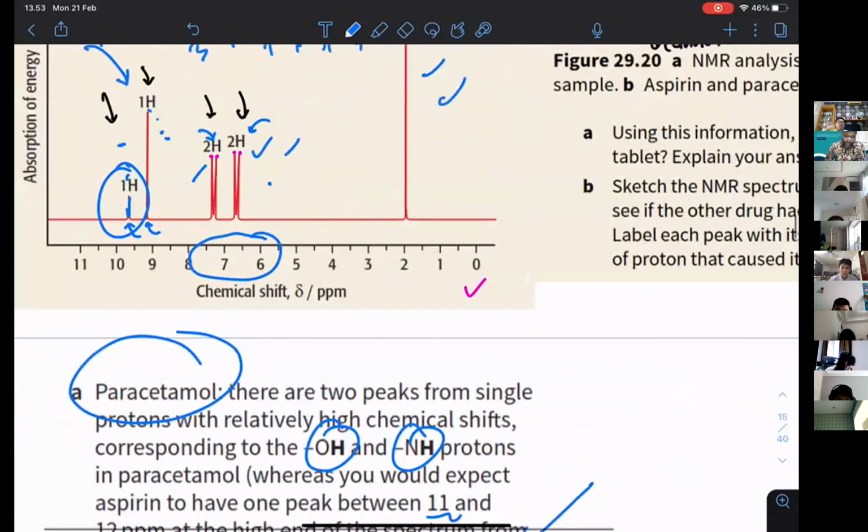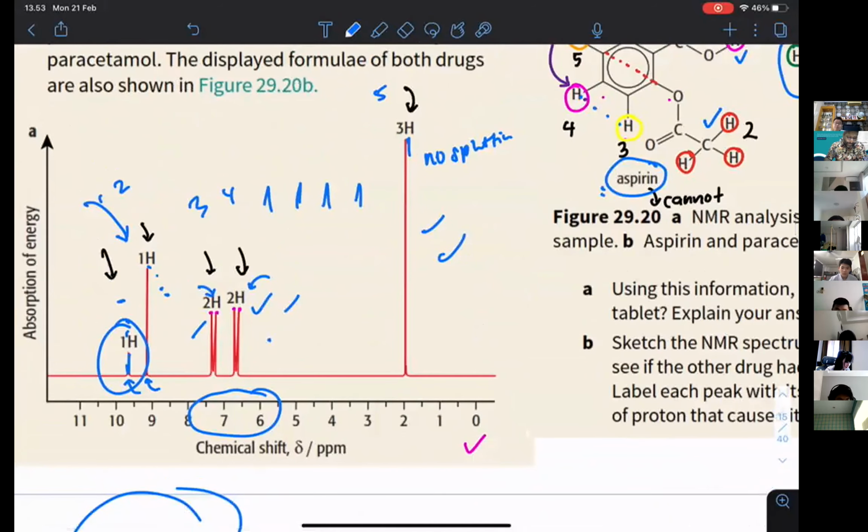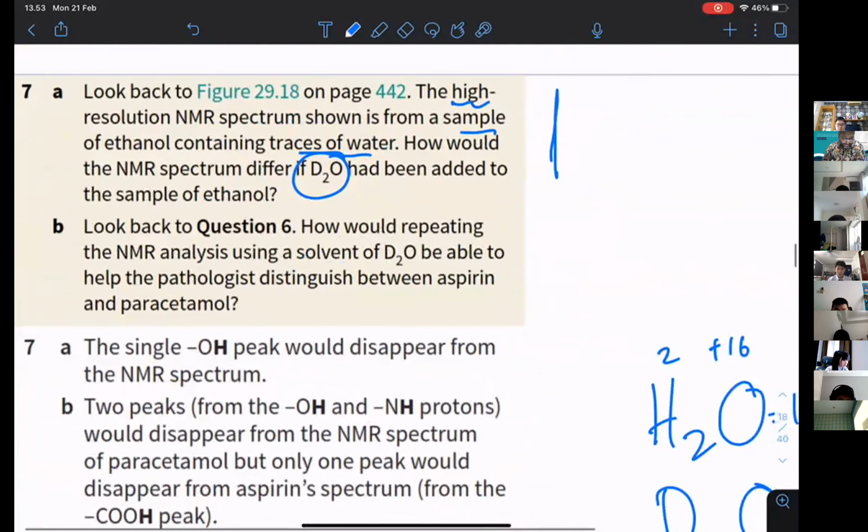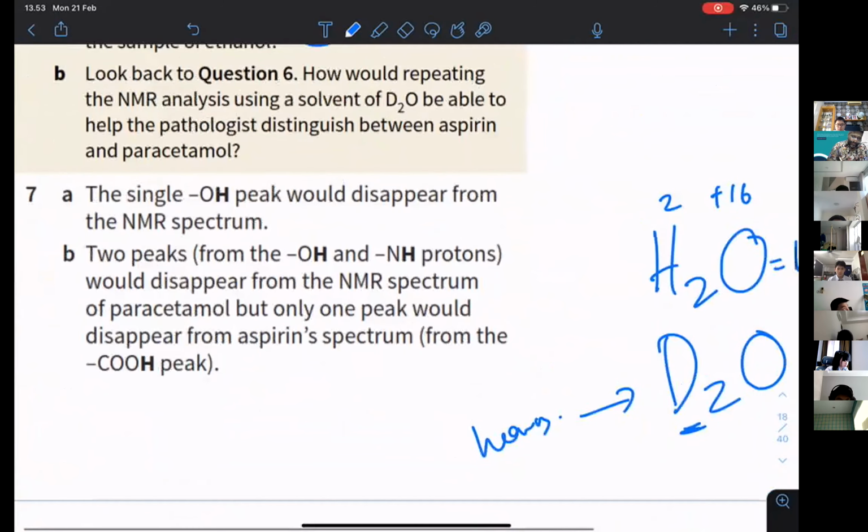In this case, the one that appears for NH is going to be either this one or this one. So most likely it is the one just now, 5 to 12. So maybe one of the single peaks will disappear. So a single peak for OH will disappear from the NMR spectrum.